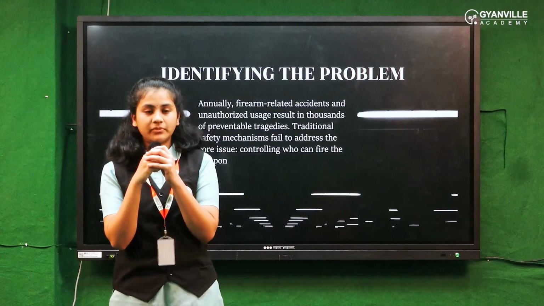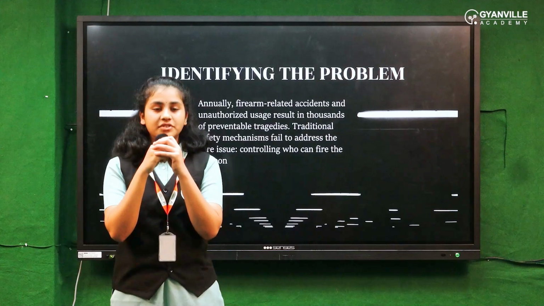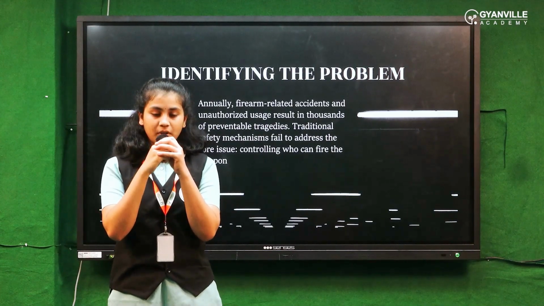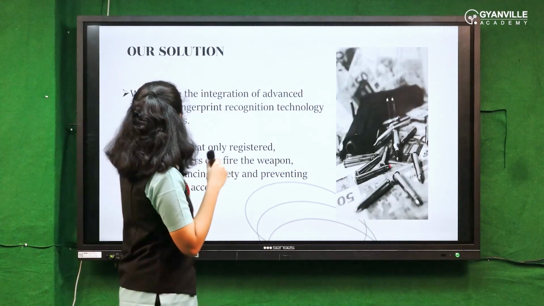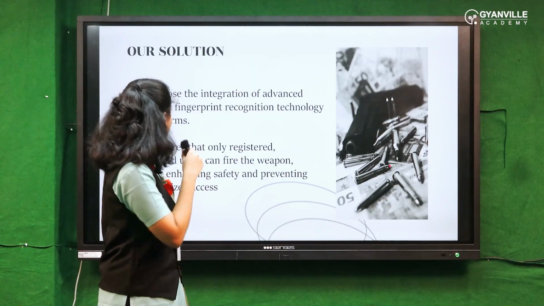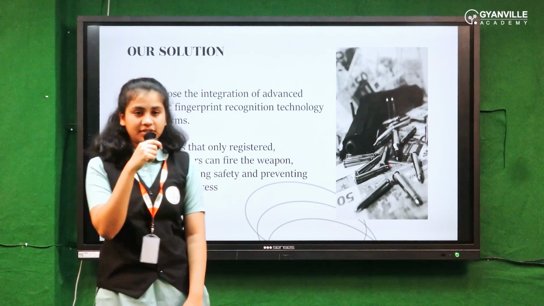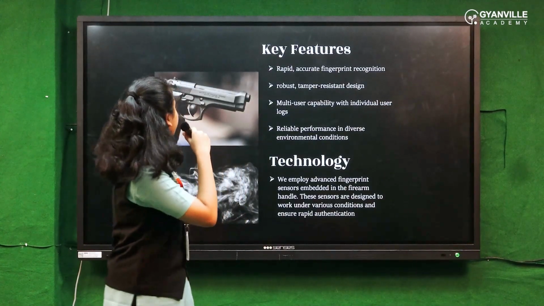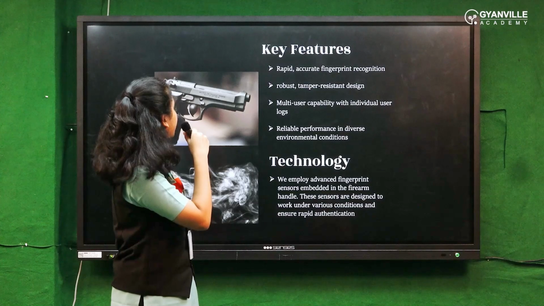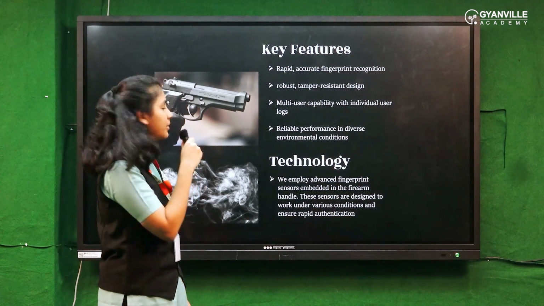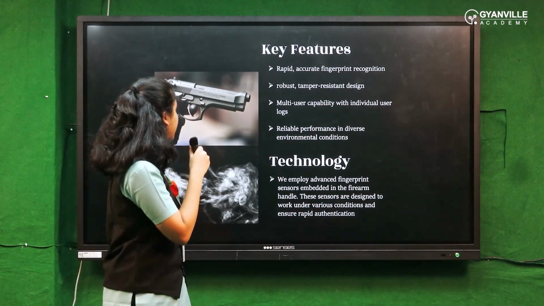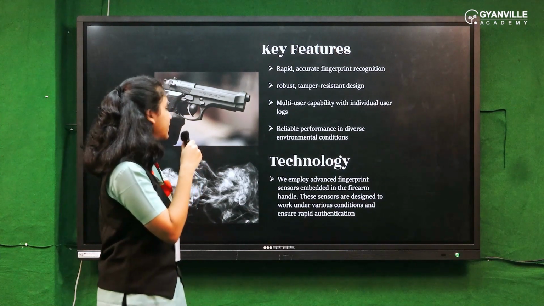So for this problem, we are introducing SafeStrike, which helps in preventing misshootings and misuse of firearms. It ensures that only registered, authorized users can fire the weapon, thereby enhancing safety and preventing unauthorized access. The key features of SafeStrike include rapid, accurate fingerprint recognition, robust tamper-resistant design, multi-user capability, and reliable performance in diverse environmental conditions.